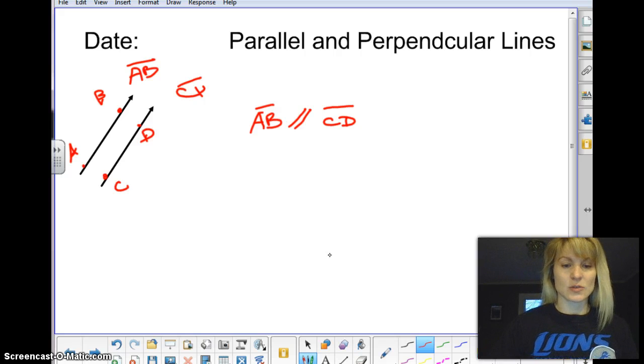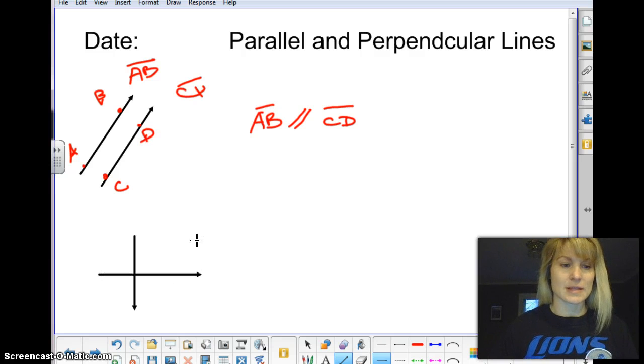Then we're also going to do perpendicular lines, and hopefully you remember that perpendicular lines are two lines that cross at 90 degrees. This little box means 90 degrees or right angle. So the same thing, if we had this was A and this was B, and then this was line C and D, we would say line AB, and then this is the perpendicular sign.